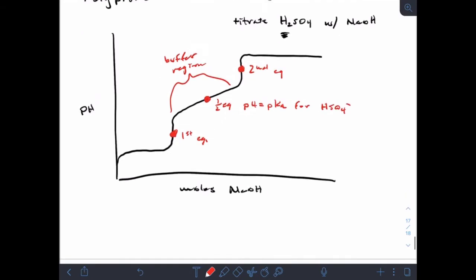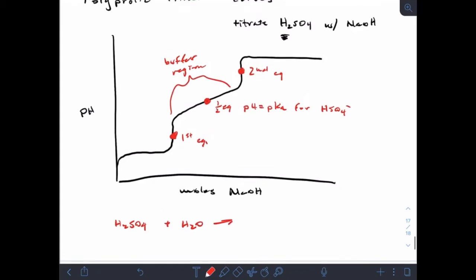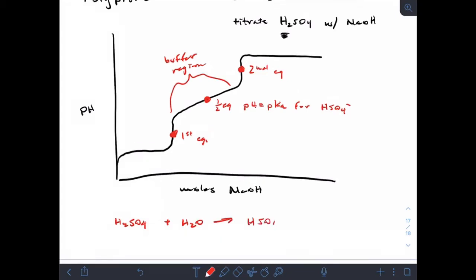Okay, so let's take a look at some equations to sort of illustrate this. So we start with our strong acid H2SO4. We write an ionization equation for it. It's a strong acid, so it only comes apart. Right? But now what we have is a weak acid in water.